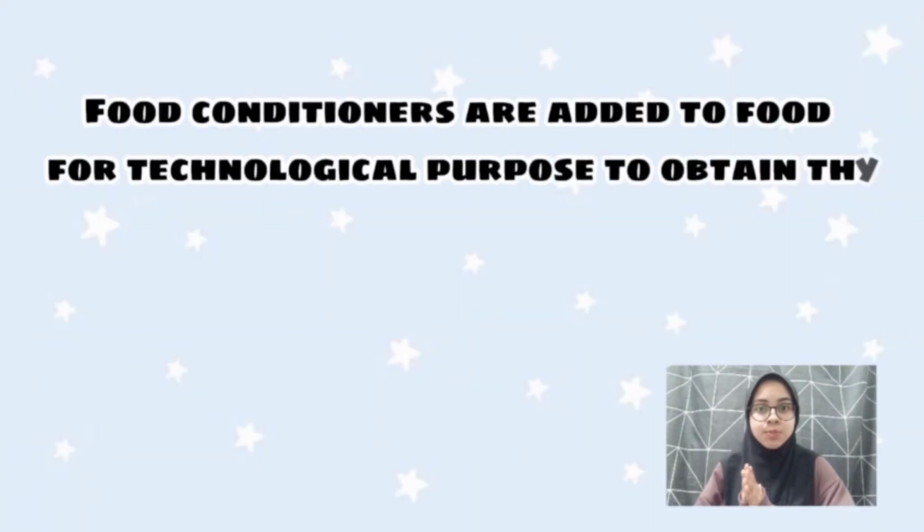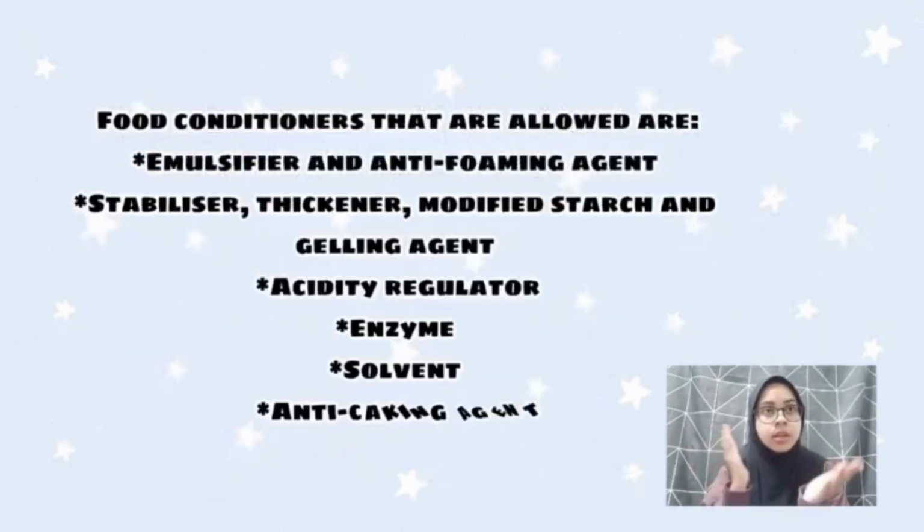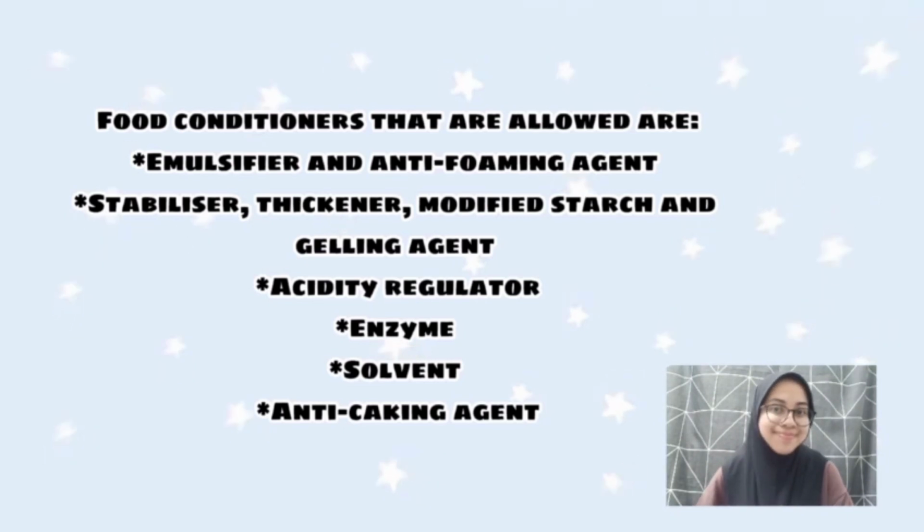Okay, now let's move on to food conditioner. Food conditioners are added to food for a technological purpose to obtain the desired types of food. Food conditioners that are allowed are first, emulsifier and anti-foaming agent, stabilizer, thickener, modified starch and gelling agent, then acidity regulator, enzyme, solvent, and lastly anti-caking agent.